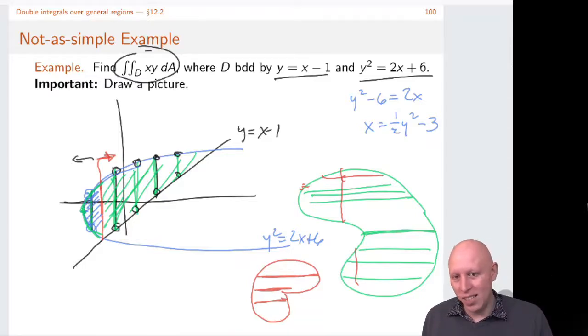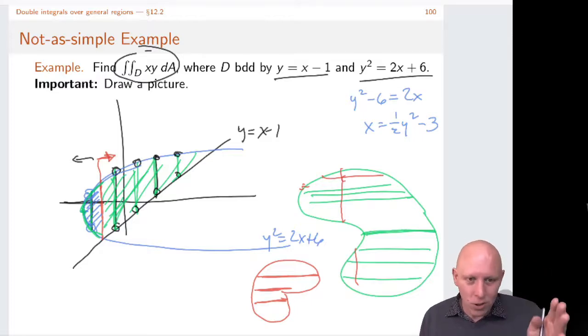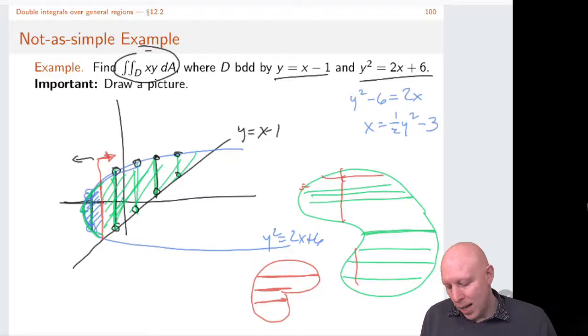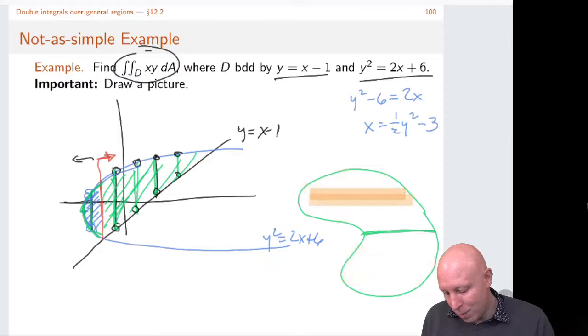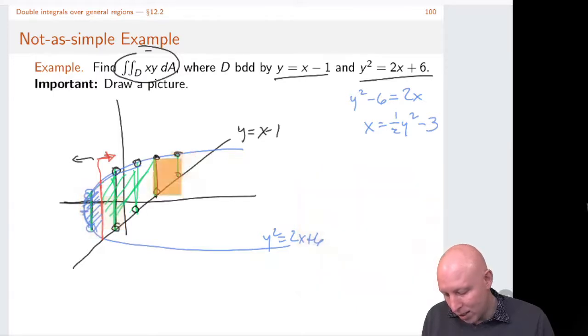What we're saying is that no matter what this domain D looks like, we could chop it up into pieces and we could always do vertical or always do horizontal. But in this situation, our life is going to be so much easier if instead of slicing vertically, we slice horizontally.